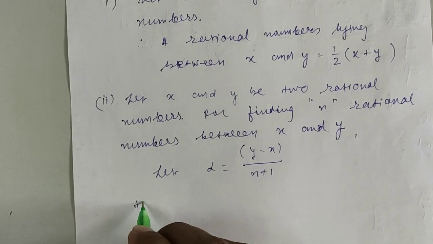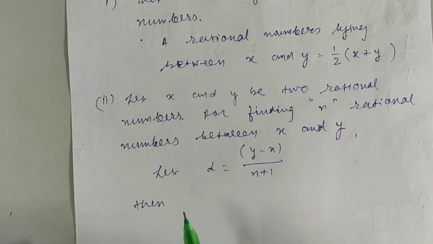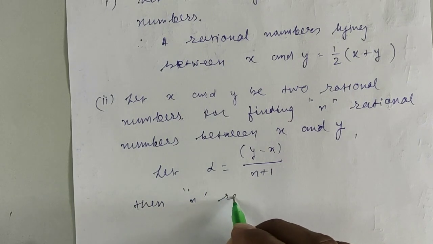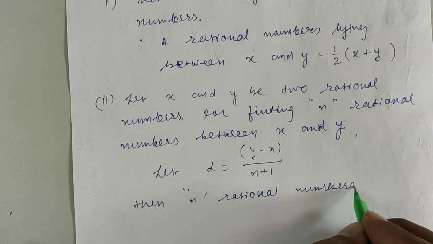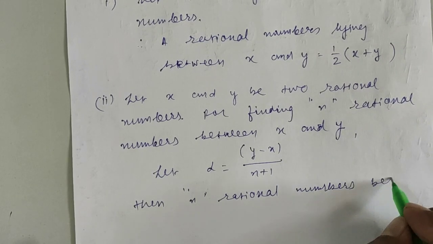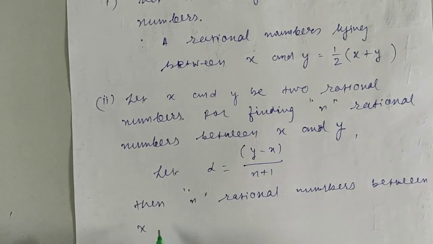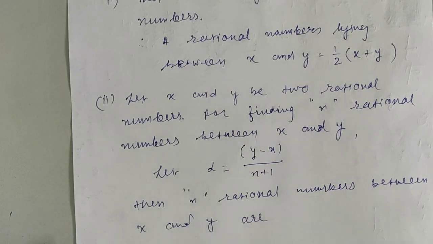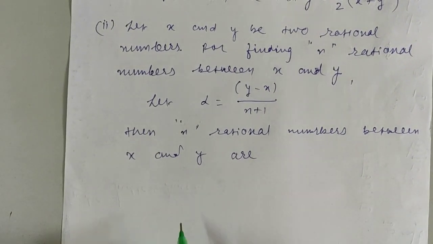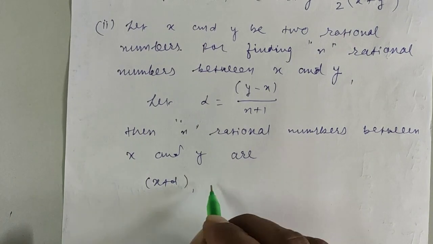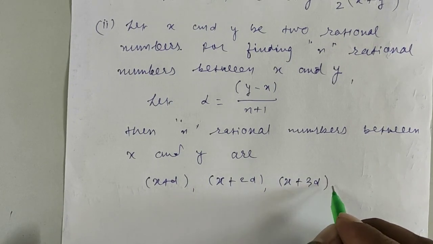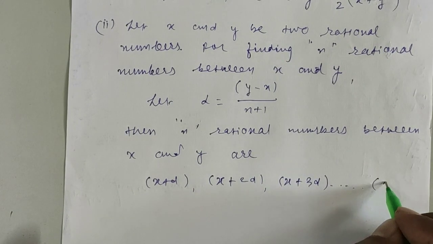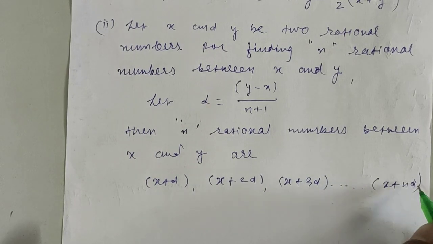Then the n rational numbers between x and y are x plus d, x plus 2d, x plus 3d, ..., x plus nd.